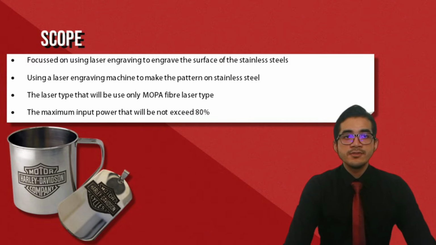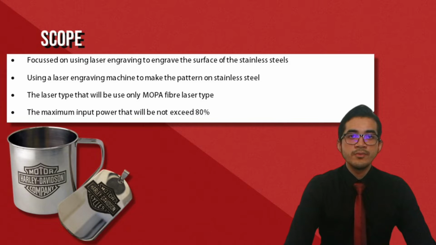Second is using a laser engraving machine to make the pattern on stainless steel. Third, the laser type used is the MOPA fiber laser only. And the fourth is that the maximum input power used must not exceed 80% of power.